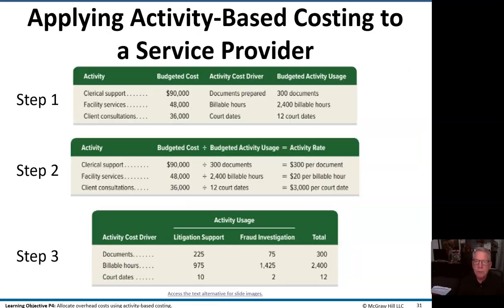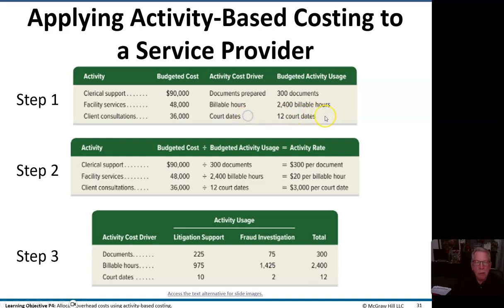So here, if I'm applying activity-based costing to a service provider, step one, here I'm clerical support, facility services, client consultations. So for clerical support, I'll use the documents provided. That's 300 of the little beauties as estimated. Billable hours for facility service, and there's 2,400 of those.